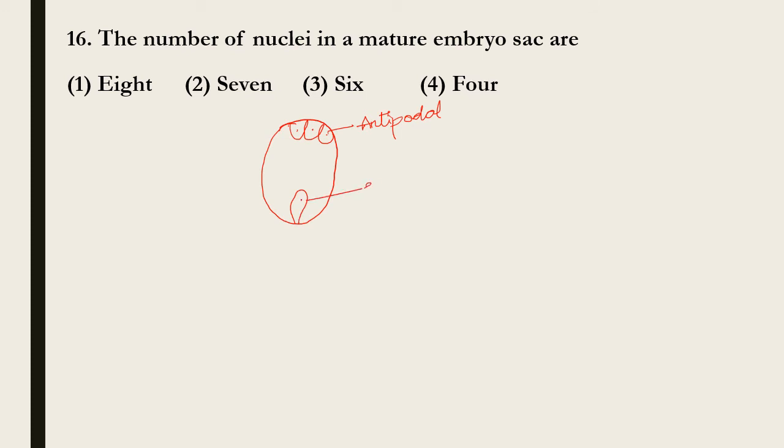Egg cell, and the two synergids. And at the center, the largest cell is called the central cell, with the two polar nuclei.